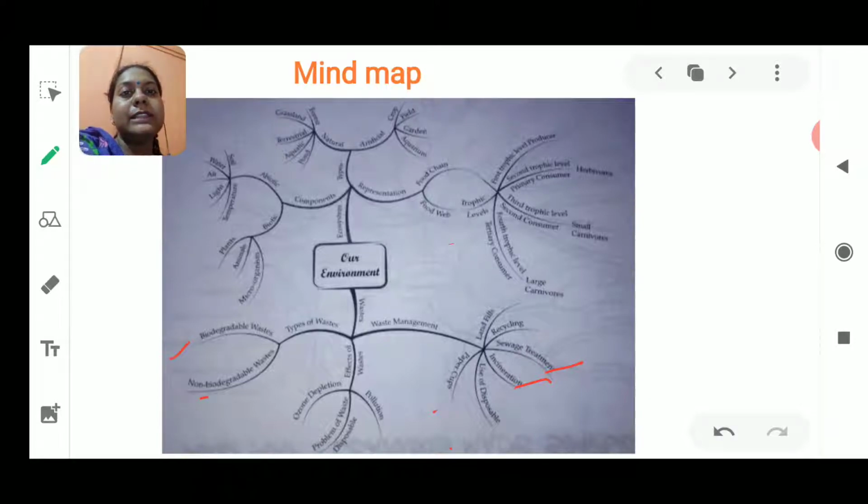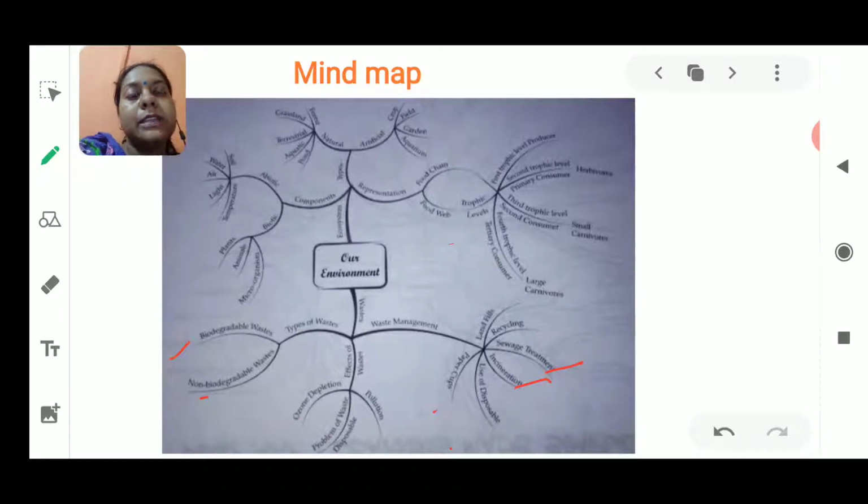All these are very common terms, and the concept remains the same. Biodegradable wastes are those wastes which will be decomposed by microorganisms, whereas non-biodegradable wastes are those which are not going to be decomposed by biotic factors, meaning they are not degraded with the help of microorganisms.